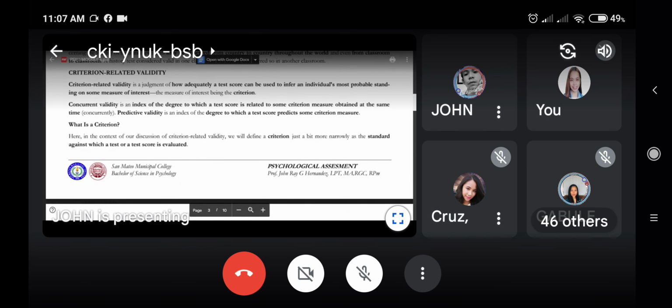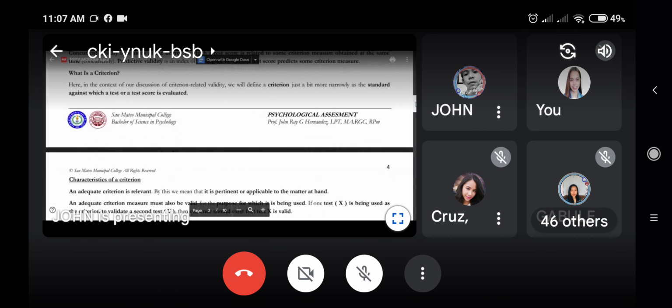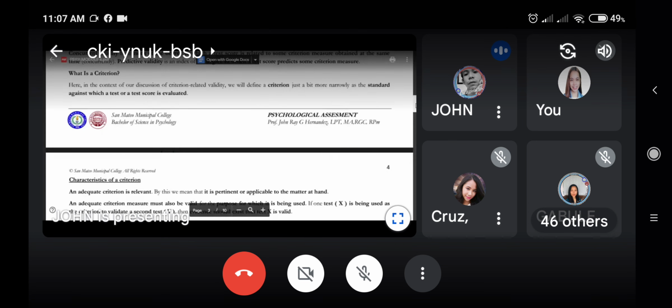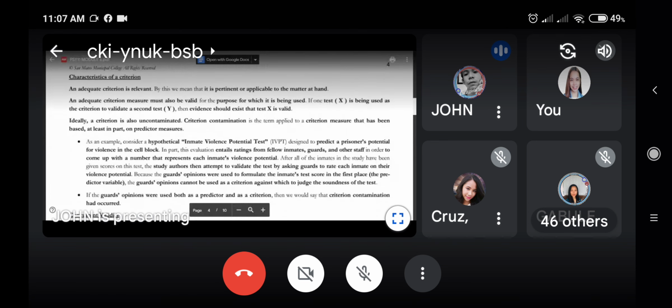Okay. So what is a criterion? It is a standard against which a test or test score is evaluated. Where are we going to compare the test? And that's the criterion. Okay? So, an adequate criterion is relevant. It means that it is pertinent or applicable to the matter at hand.